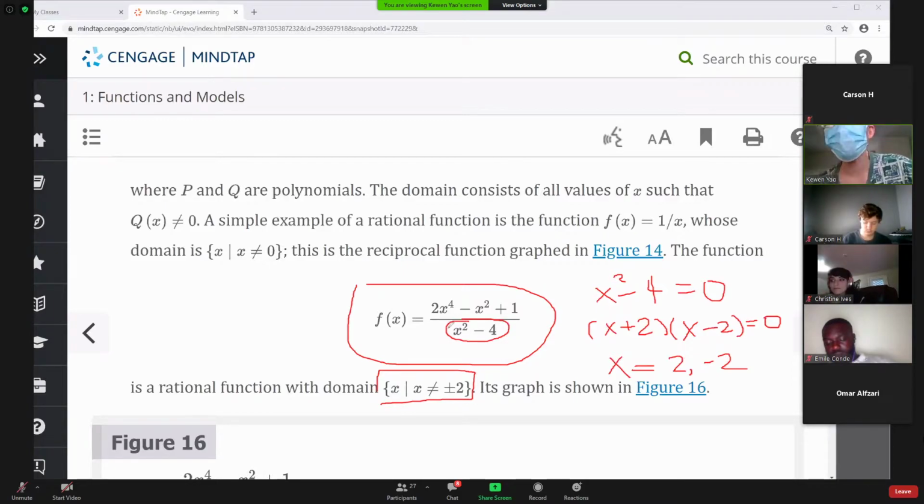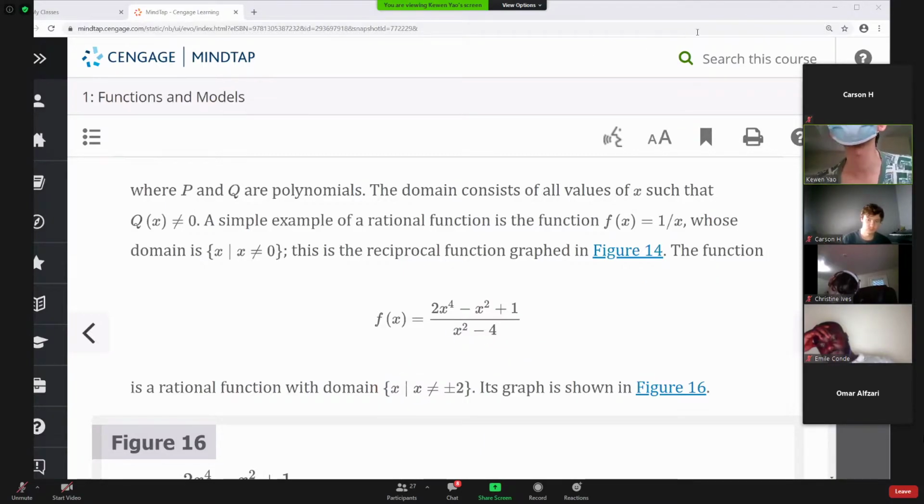Because for 2 or negative 2, the denominator will go to 0, and the function does not make sense. So for a rational function, you should be able to find the domain: all real numbers except where the denominator equals 0. So we have finished this part. Clear? Easy, right?